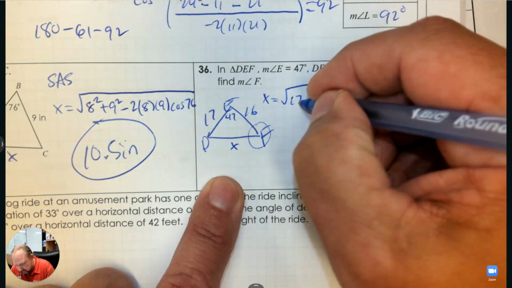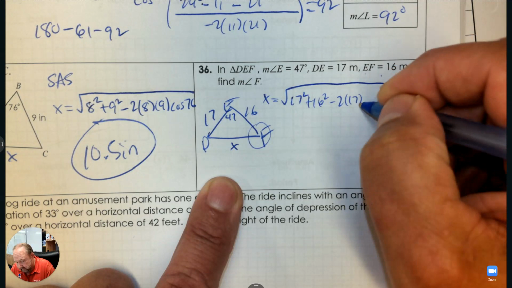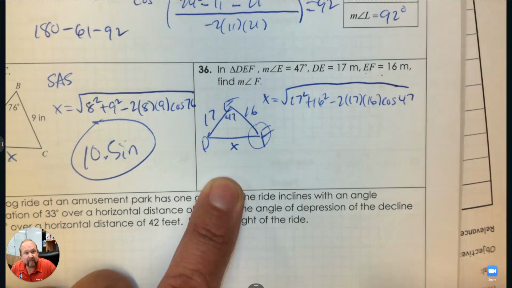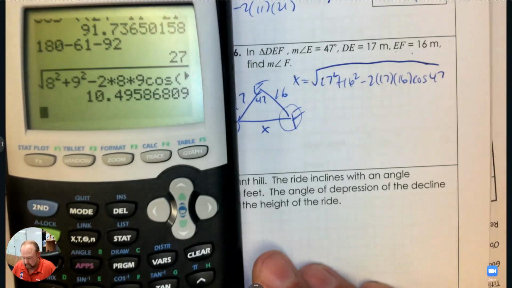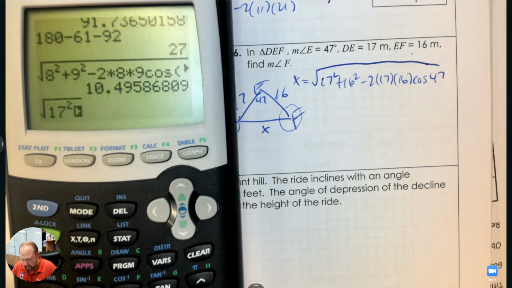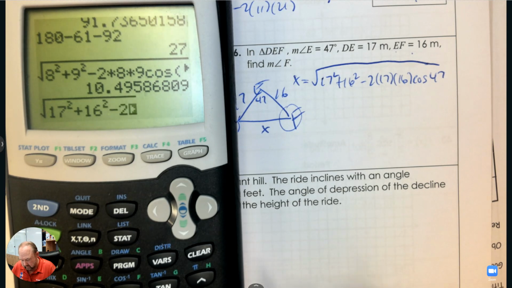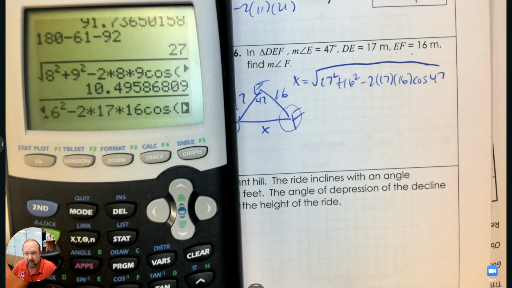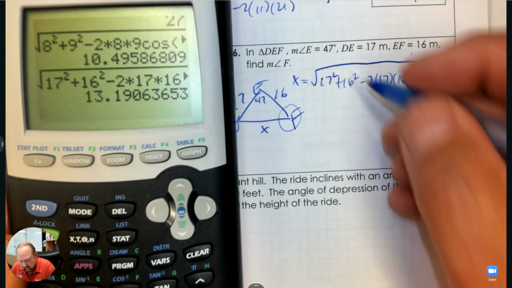So the square root of 17 squared plus 16 squared minus 2 times 17 times 16 times the cosine of 47, and then type all of that in. So 17 squared plus 16 squared, subtract 2 times 17 times 16, and the cosine of 47. So that missing side is 13.2.